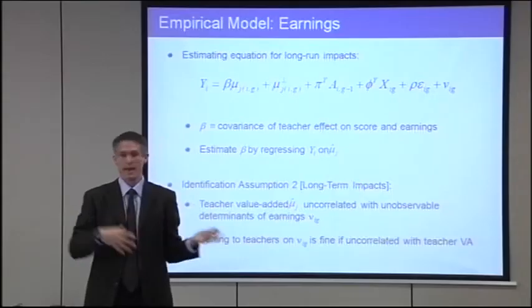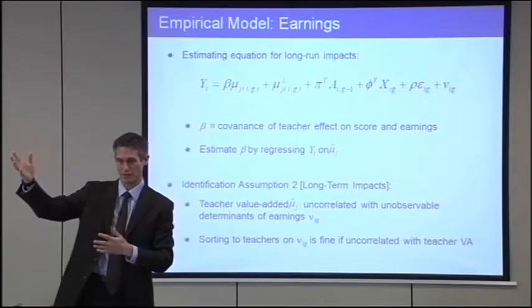As long as it's not correlated with value added, right? So if the factory owner's kids always get a certain teacher, okay, that teacher will always look like their kids earn a lot more money, right? But it wasn't due to them, it was because it was the factory owner's kids. Always like to get her.